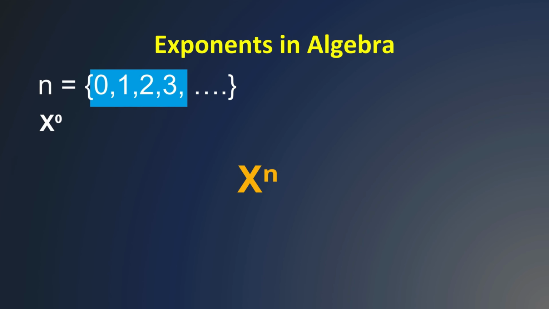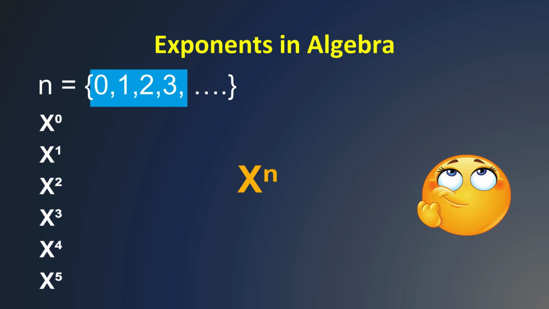If n is 1, then we have x to the power 1. If n is 2, then we have x to the power 2, or x squared. If n is 3, then we have x to the power 3, or x cubed, and we could keep on going with this pattern: x to the power 4, x to the power 5, till x to the power infinity.